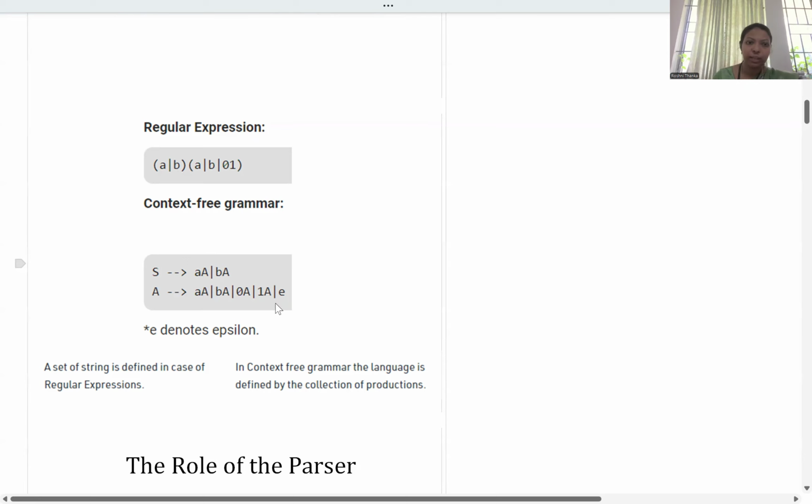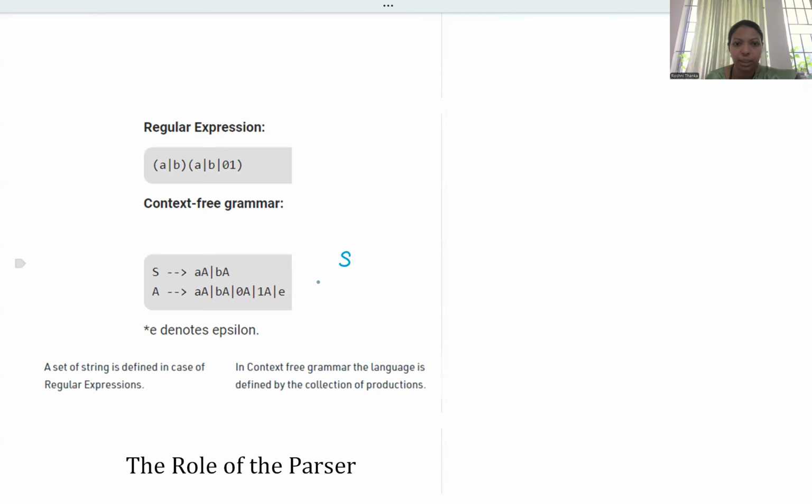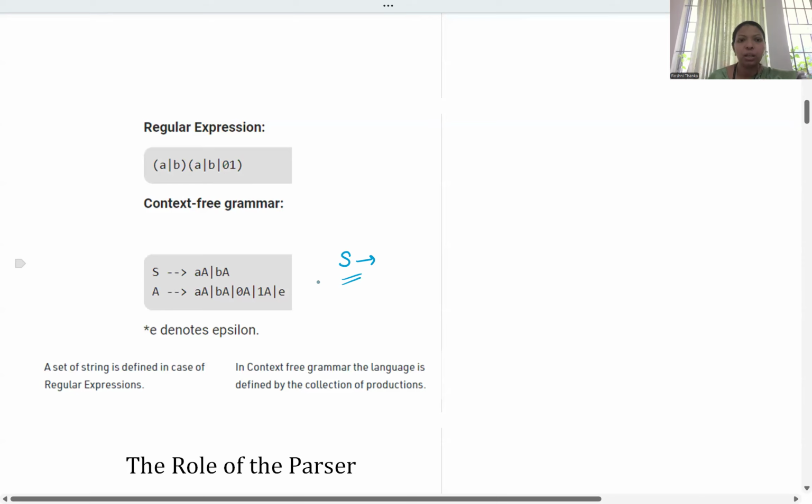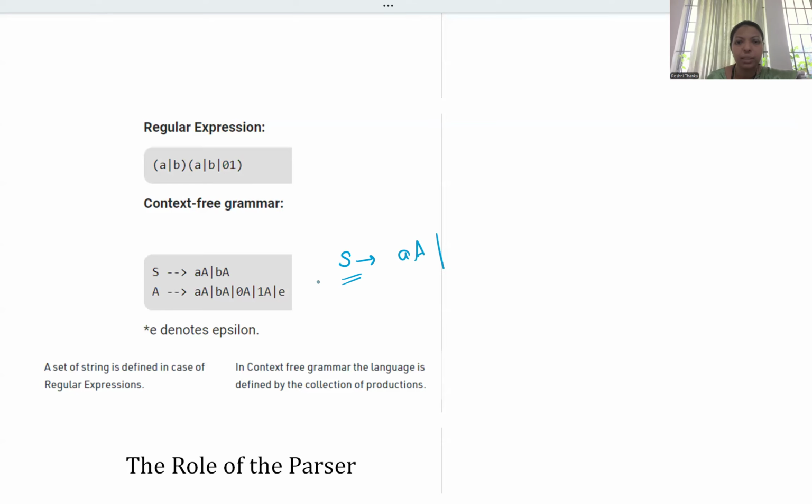So, for example, what are the strings which can be generated out of this context-free grammar? S is the starting symbol here, so it will always start with the productions derived from S. S will either start with A, or it can start with small b and then a.